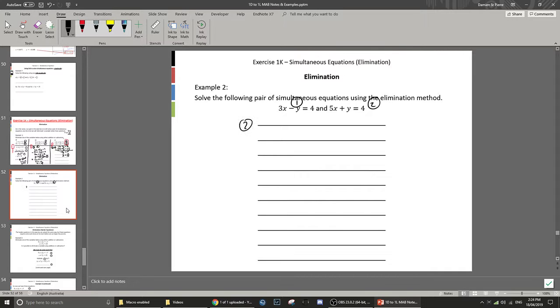So I'm going to do 2 plus 1: 5x plus y, plus 3x minus y, 4. So we end up with an answer of 8x equals 8, so x is equal to 1.